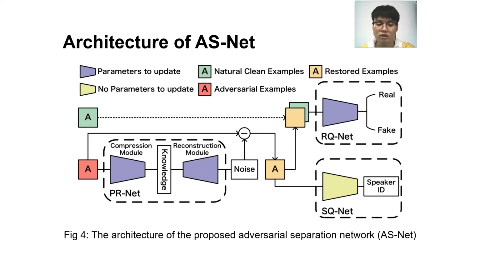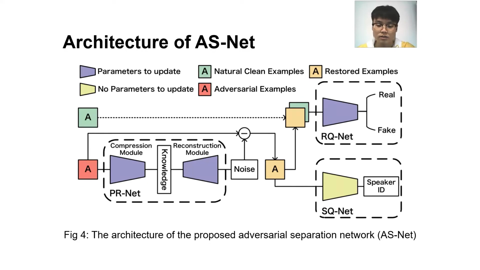The RQNet encourages the restored examples, which are perturbation-free, to be similar to real clean examples. The SQNet is the DNN to implement speaker recognition task. It is responsible for supervising the ASNet to generate the restored examples that can be recognized by DNN as the correct speaker IDs.